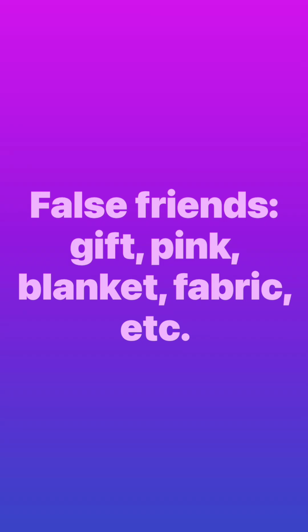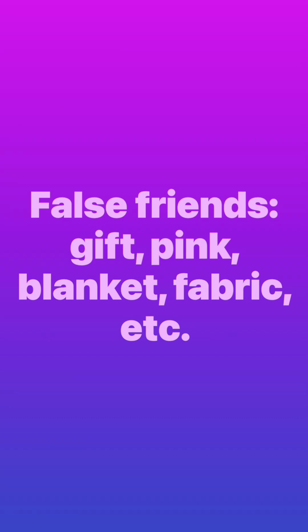Now, the second example, pink, means something very, very different in Swedish. In English, pink is rosa, the color. But pink in Swedish means pee, as in urine. It's very, very different. Then again, we have blanket. Blanket in English may be confused with the Swedish word blankett. Blankett means form. So you sign a form or you fill in a form.